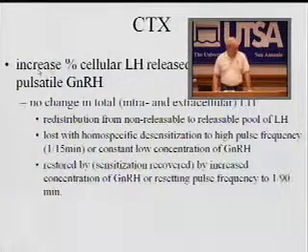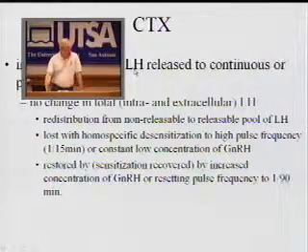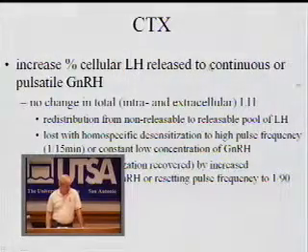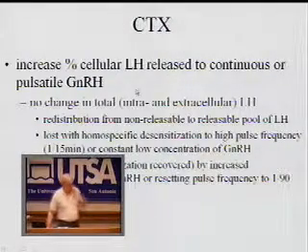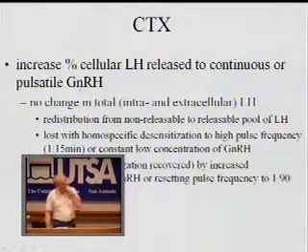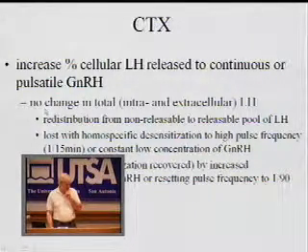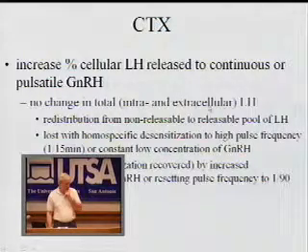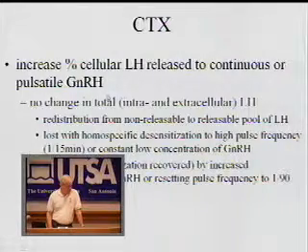The cholera toxin increases the percent of the cellular LH released to continuous or pulsatile GnRH. So it appears that there is some role for the adenylate cyclase in the receptor-mediated release of the LH. So there was no change in the total, the intra and extracellular LH, in this particular in vitro study.